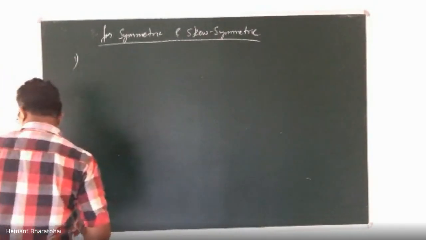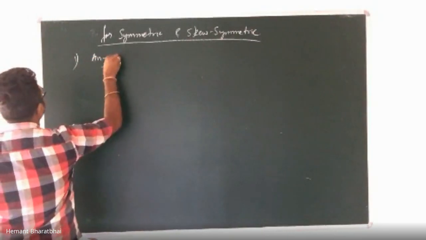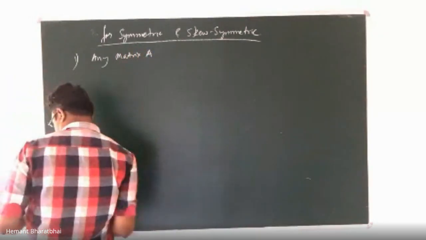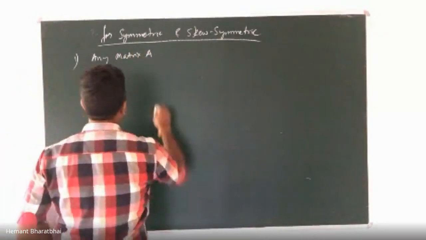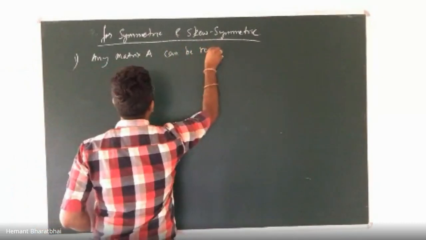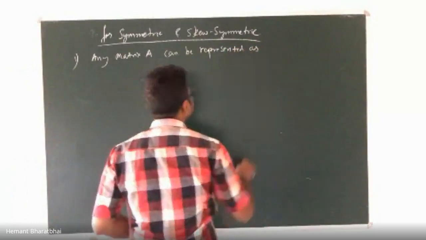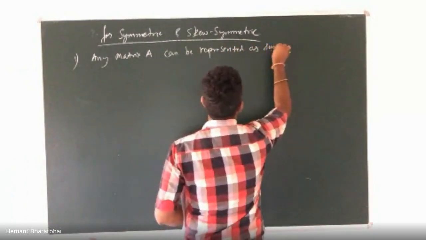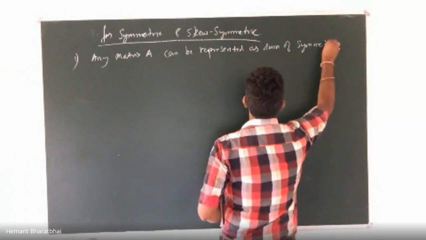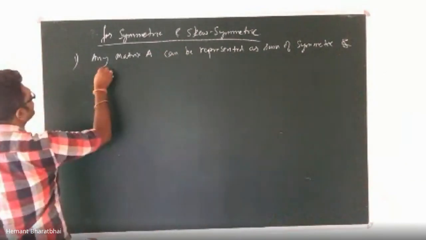The very first, and this is very important: any matrix A can be represented as the sum of a symmetric and a skew-symmetric matrix.